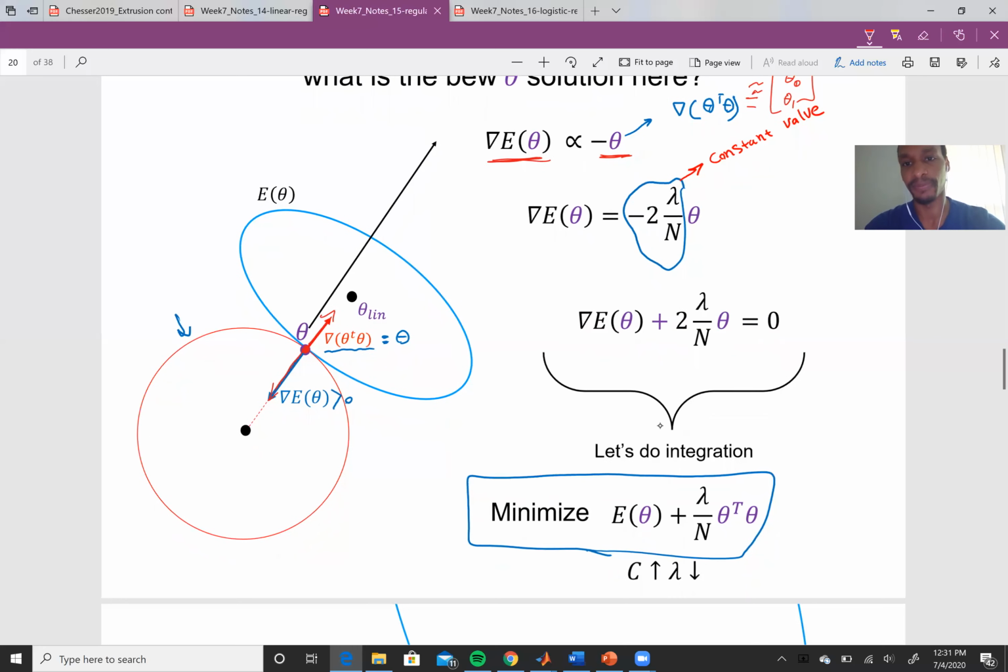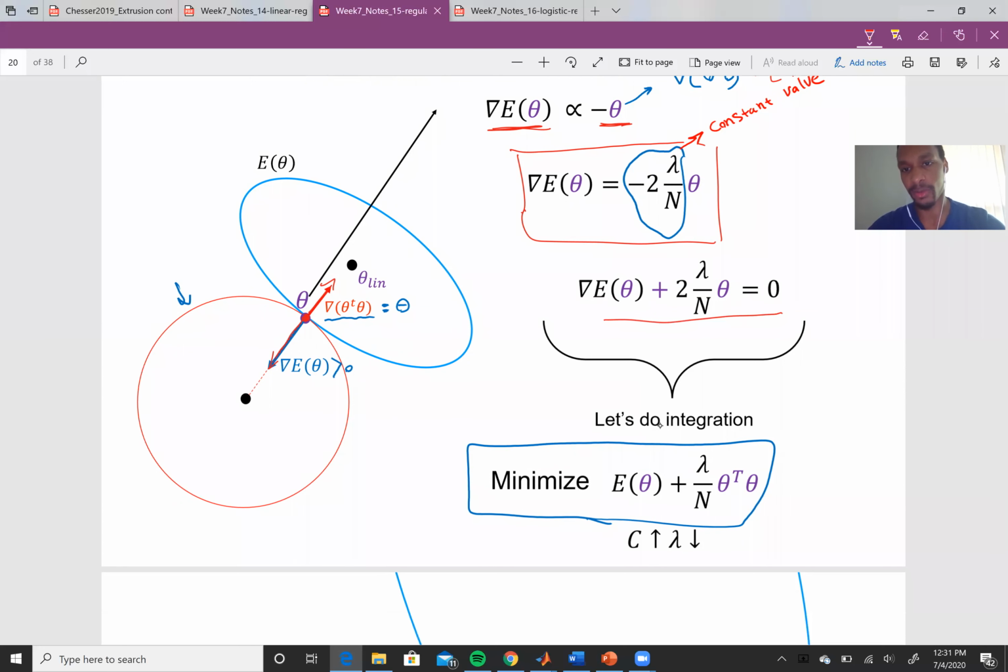If we write this as the relationship between those two gradients, we can then add this to the other side. And then if we integrate this equation, remember these are basically derivatives, so this is a gradient equation, and this is a gradient equation. If we take the integral, we get the actual E from the gradient.